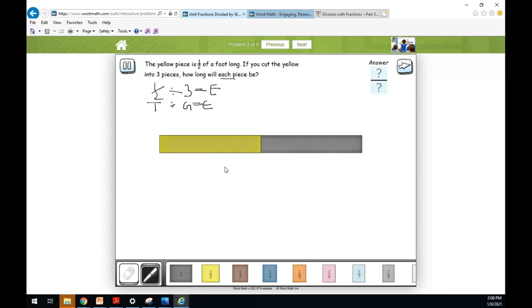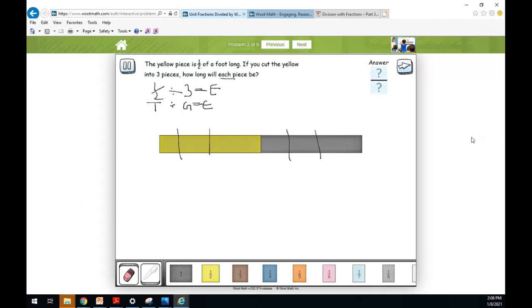I already have my 1/2 already created. I'm going to split it into 3 equal groups. 1, 2, 3. 1, 2, 3. Okay. So I'm going to look at the entire thing to find my denominator. 1, 2, 3. Let me take out one of these. I put too many in there for you.